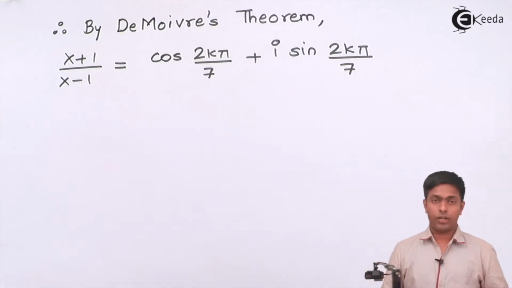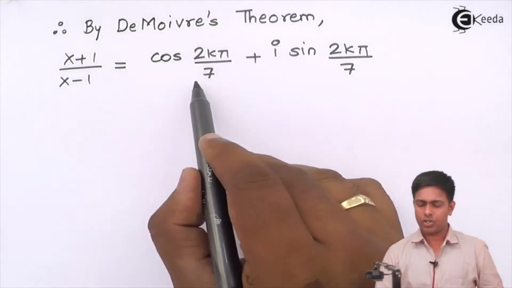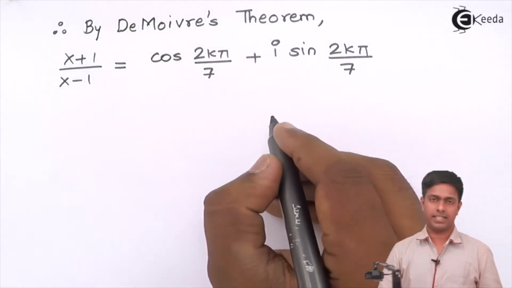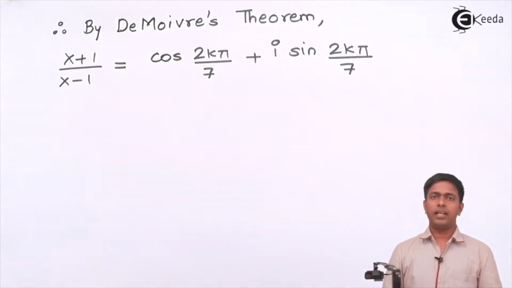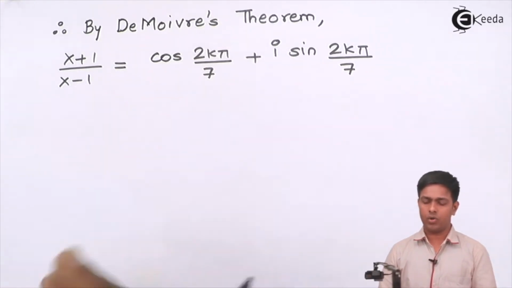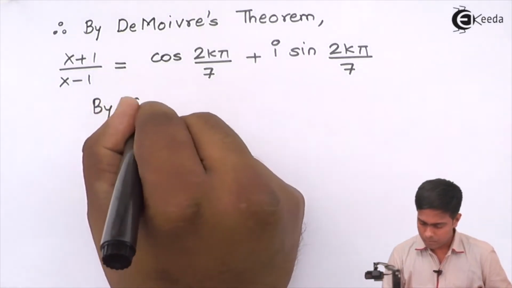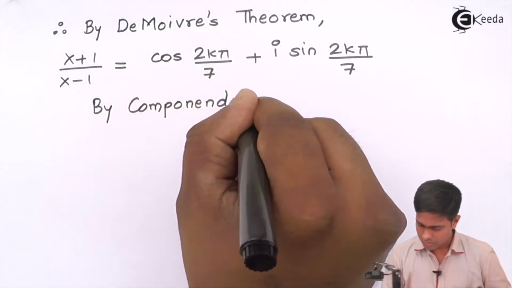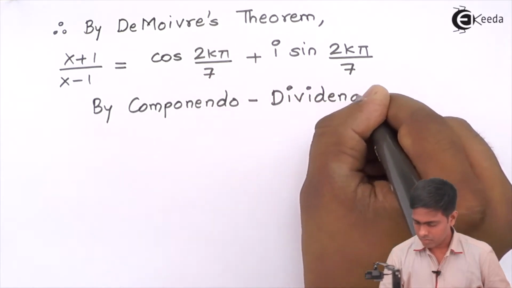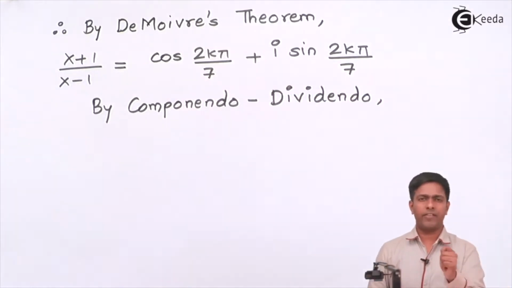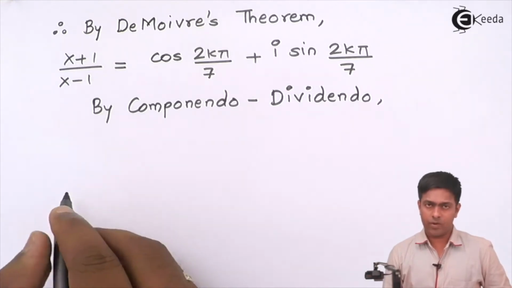So guys, for the time being I'm considering this 2k pi by 7 as theta, and I will apply componendo and dividendo on both sides. See what I'm doing.